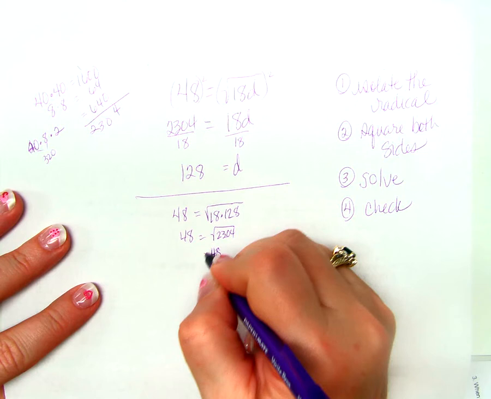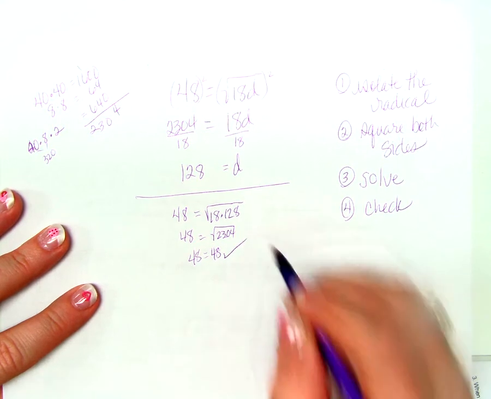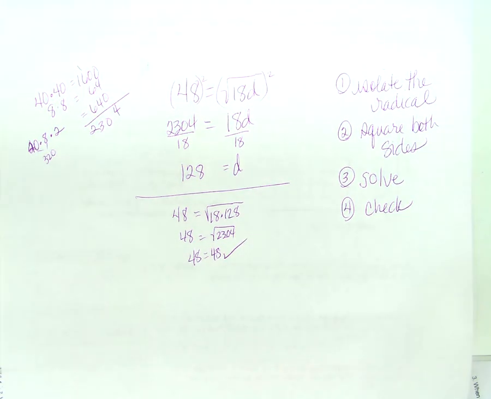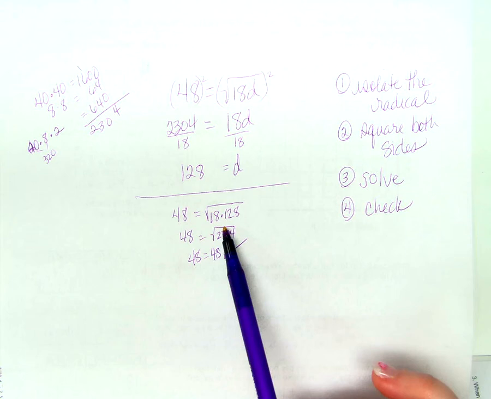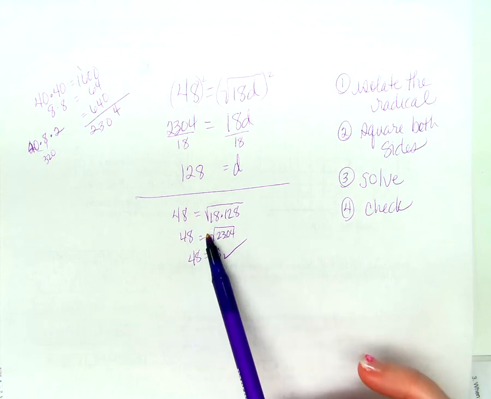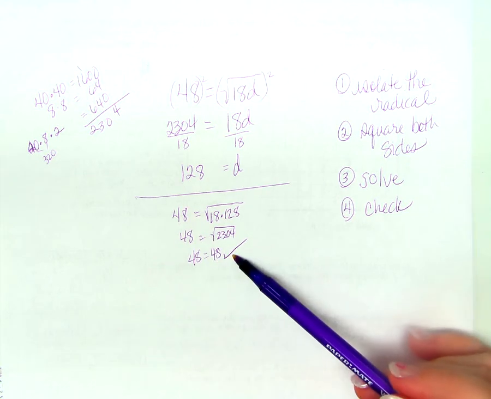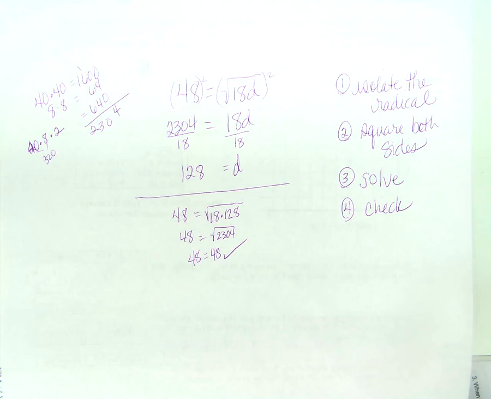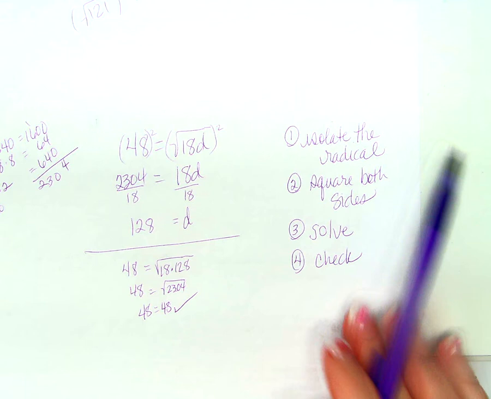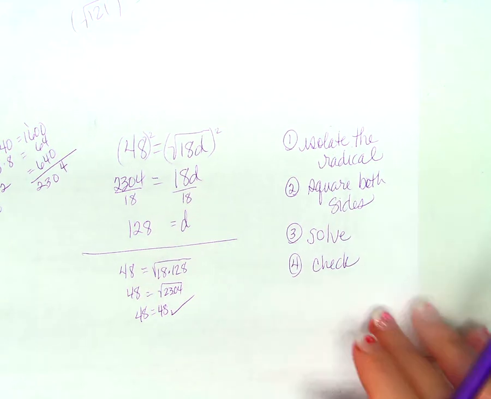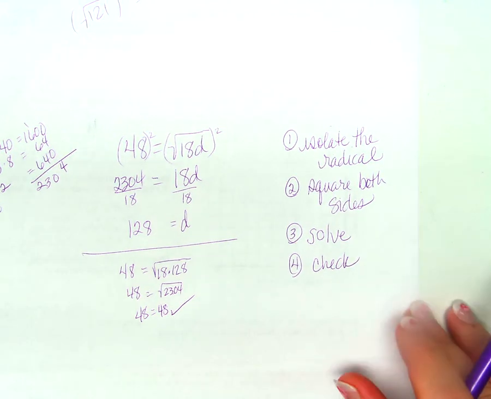Does 48 equal 48? Check. So not only am I plugging my values in to check my work is correct, I'm literally checking my work. Okay? Any questions about that? These 4 steps are what we're going to use every time when we solve a square root equation.